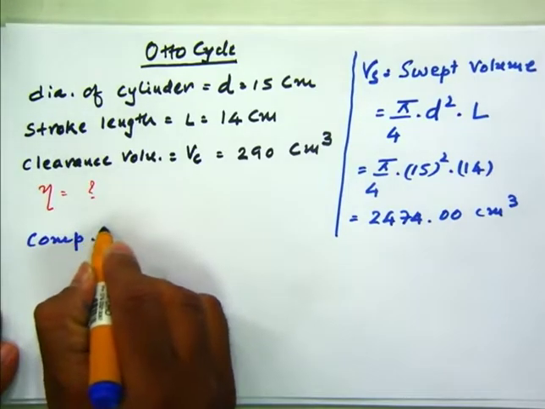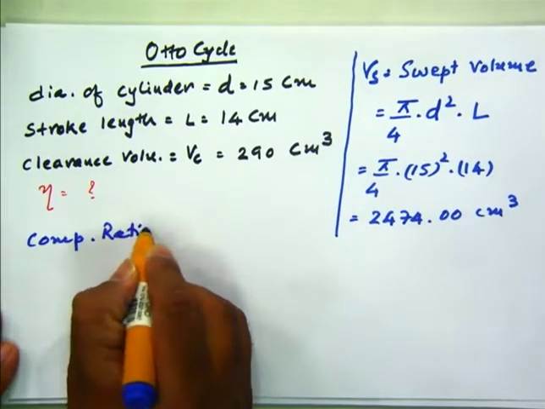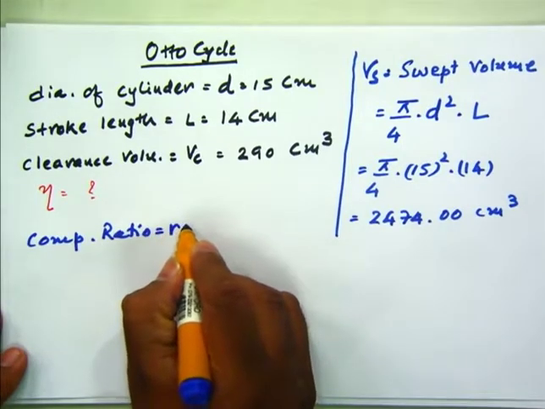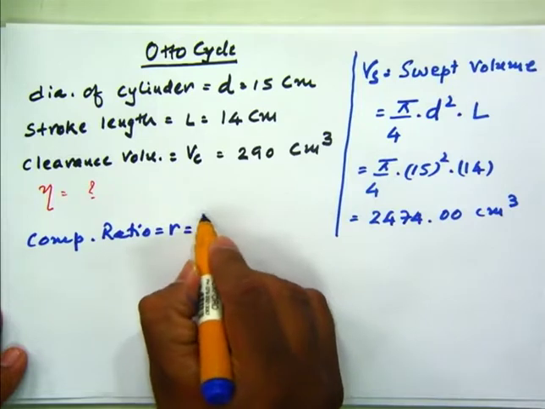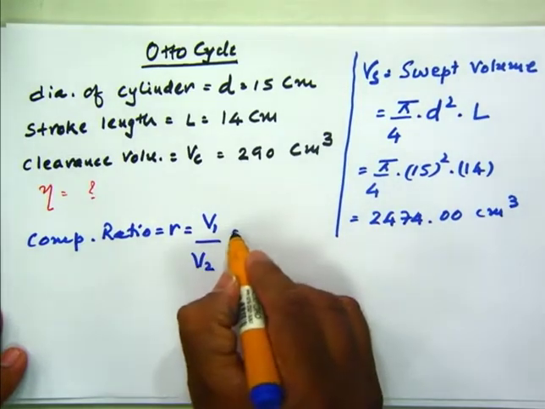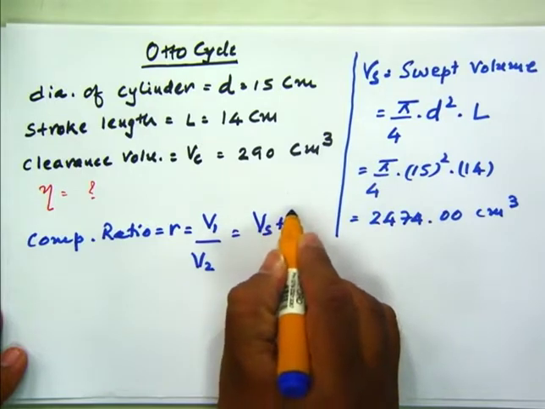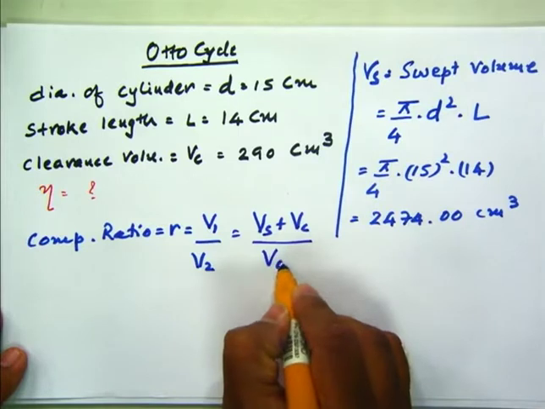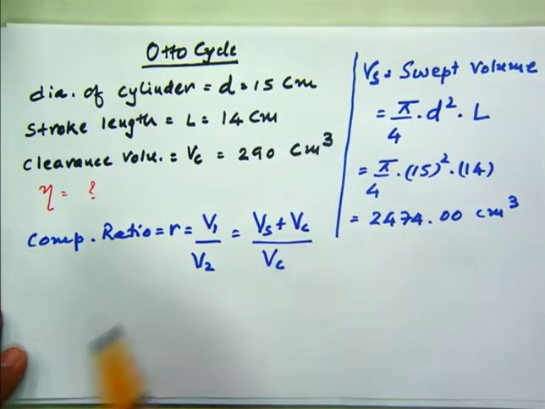So the compression ratio R is equal to V1 upon V2, is equal to Vs plus Vc upon Vc. This you have already learned.